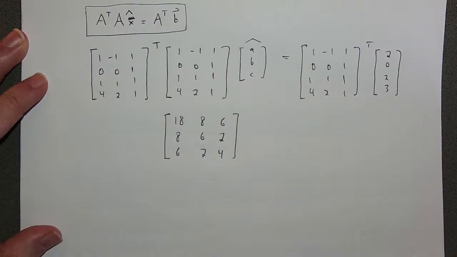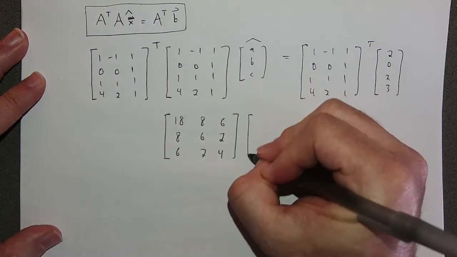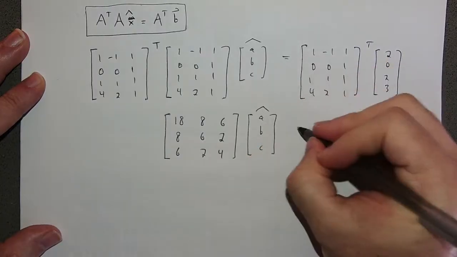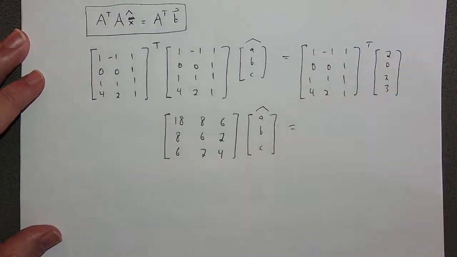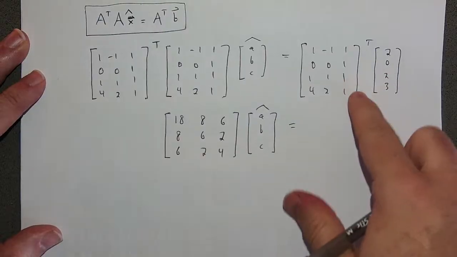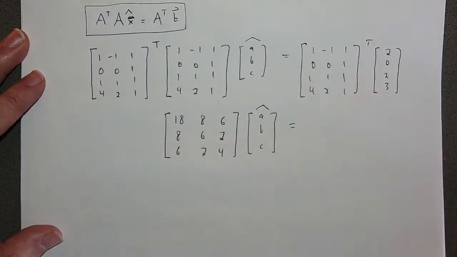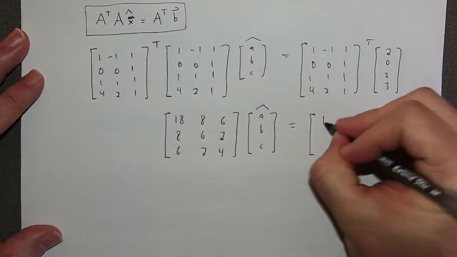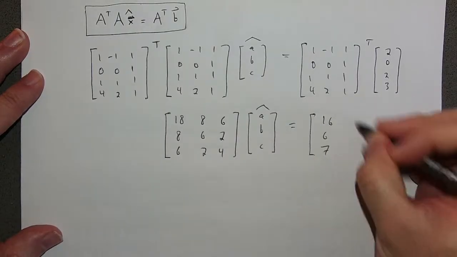The solution vector I seek is still the same, still unknown. This is equal to a 3 by 1 column vector with 3 entries, and what I get here is 16, 6, 7.